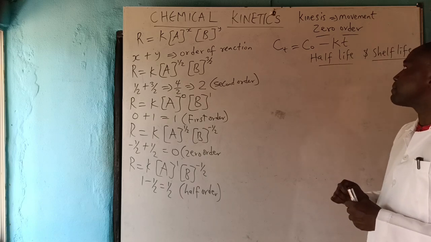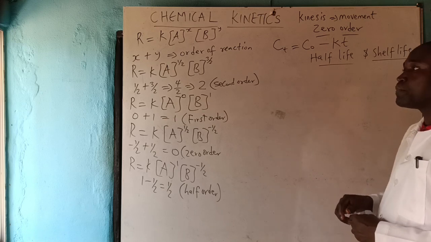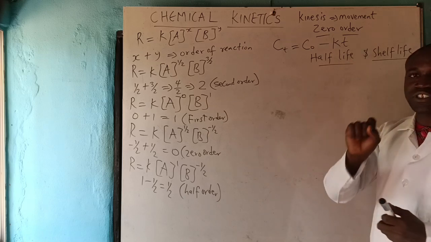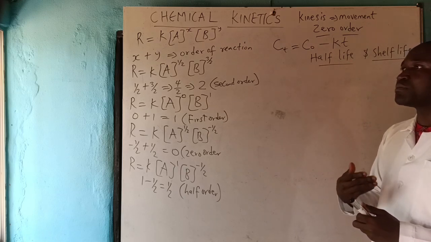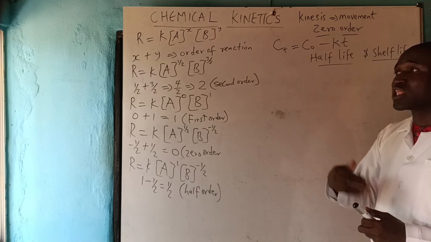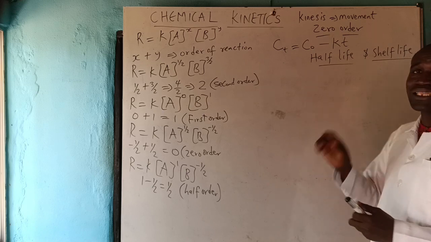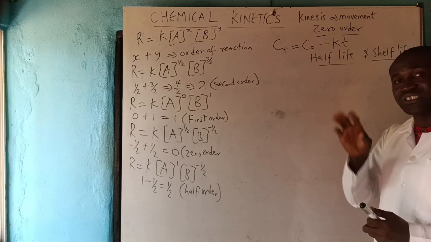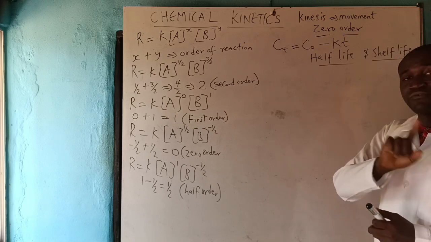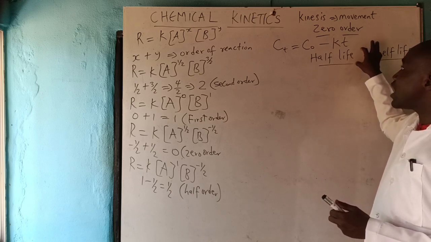So physical half-life means the time it will take that element to decay to its half physically, or the time it will take 50% of that element to decay physically. You get it? That is physical half-life.